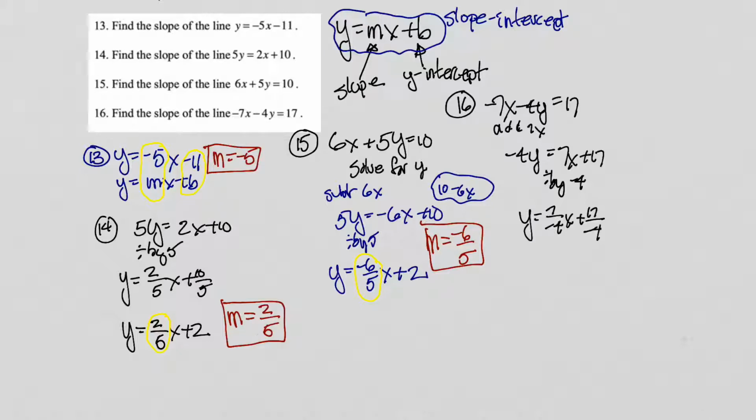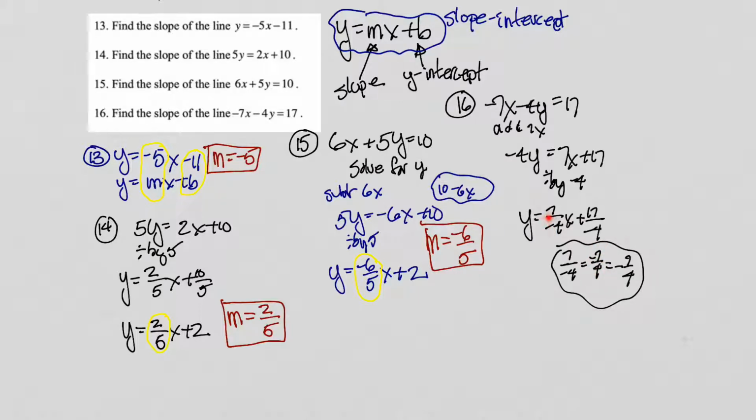Now, 7 over negative 4 is the same as negative 7 over 4. So when you have a fraction with a negative in it, you can put the negative on the top, the bottom, or out in front. I think the most convenient place, as far as I'm concerned, is on the top.